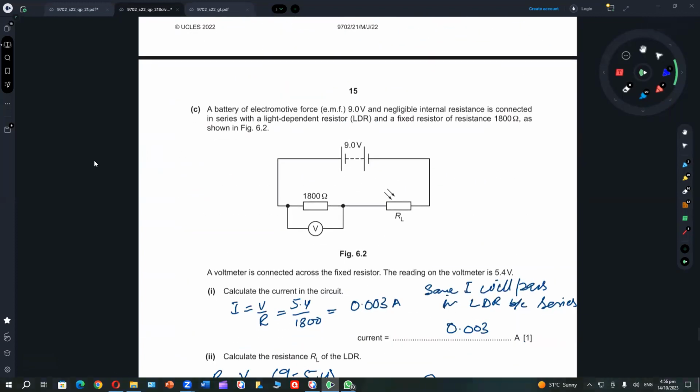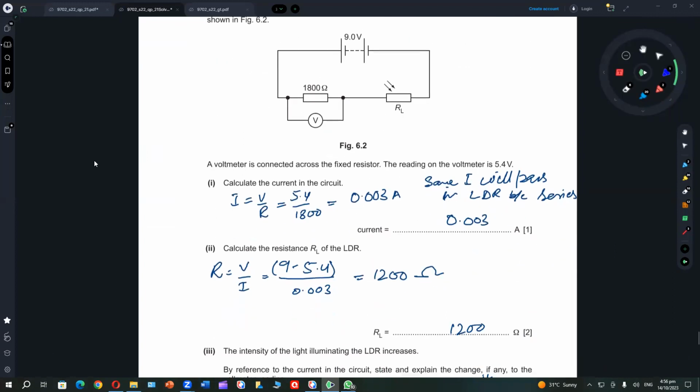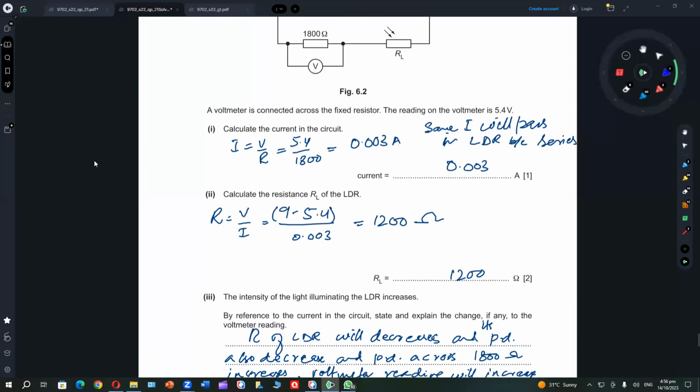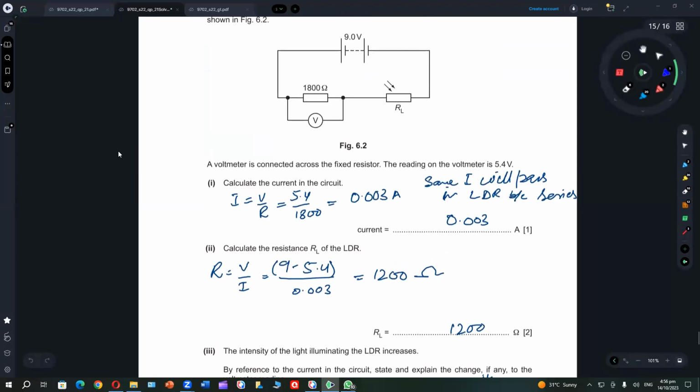A battery of EMF 9 volt and negligible internal resistance is connected in series with an LDR and a fixed resistor of resistance 1800 ohm as shown. Now he has connected an LDR and we have to see the working. The voltmeter is connected across the fixed resistor. Calculate the current in the circuit.